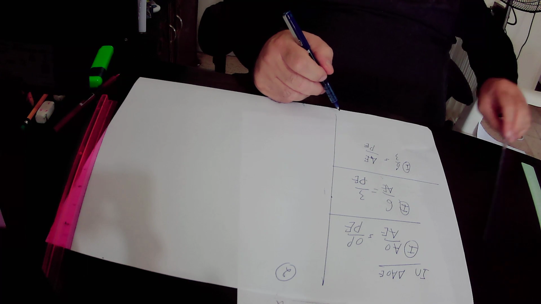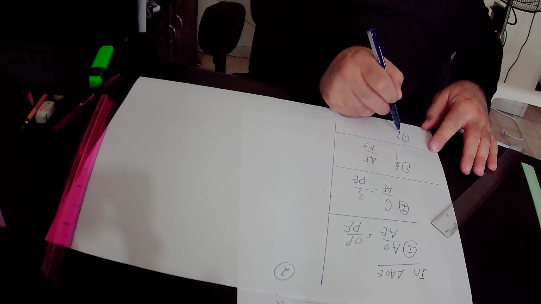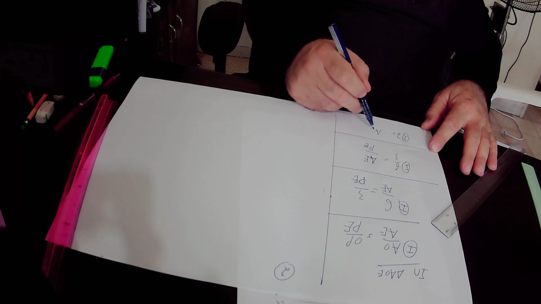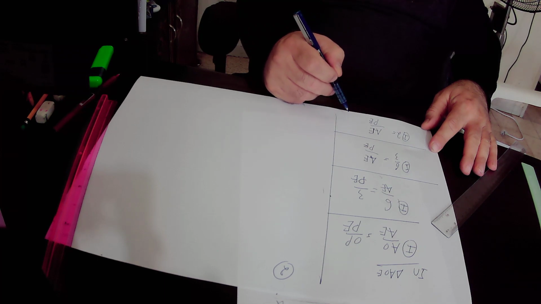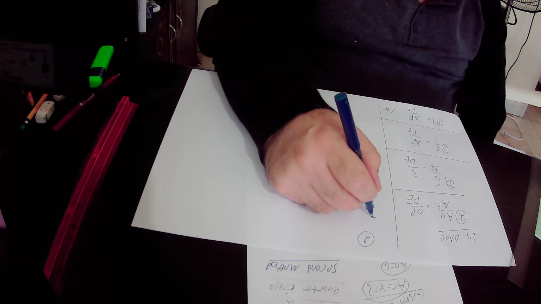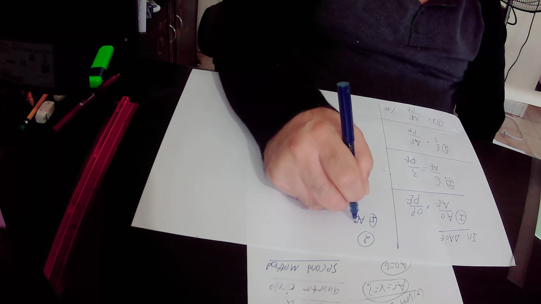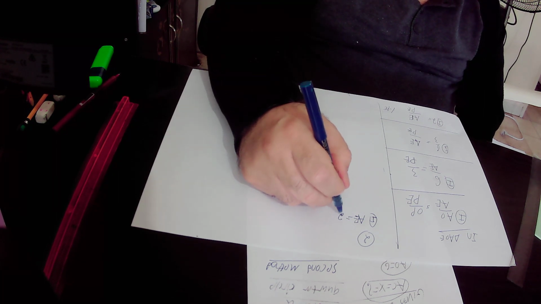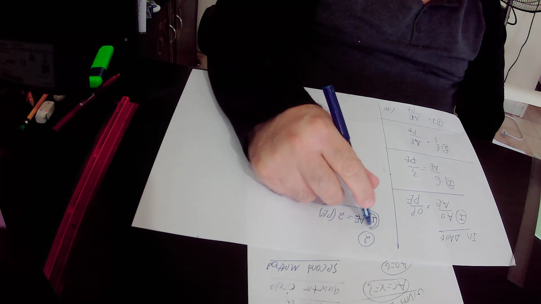6 over 3 is 2, so according to equation number 1, we will get that 2 equals AE over PE. We will multiply equation number 1 by PE, and we get that AE equals 2 times PE.